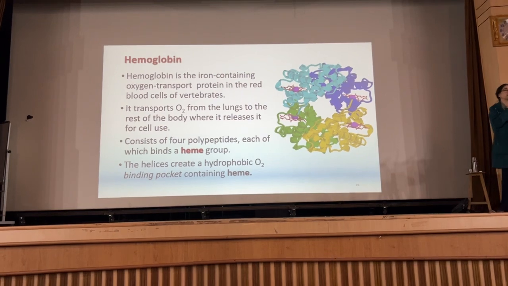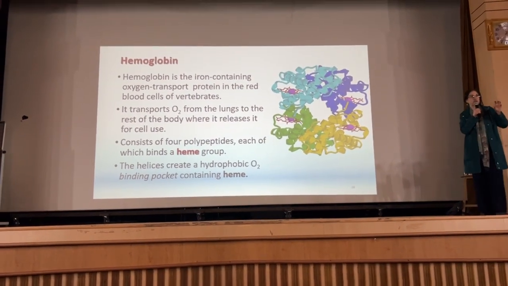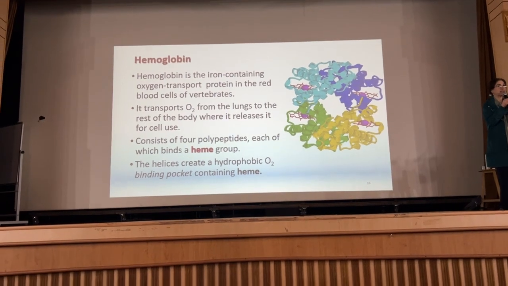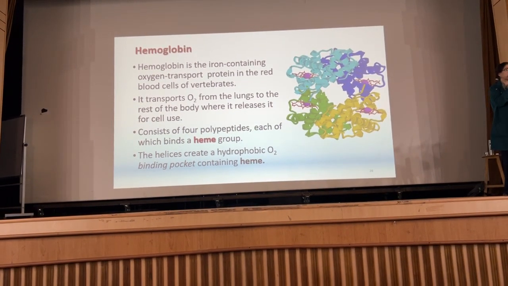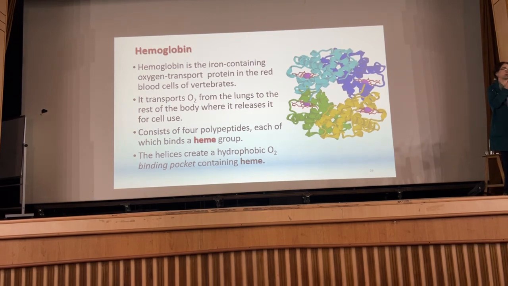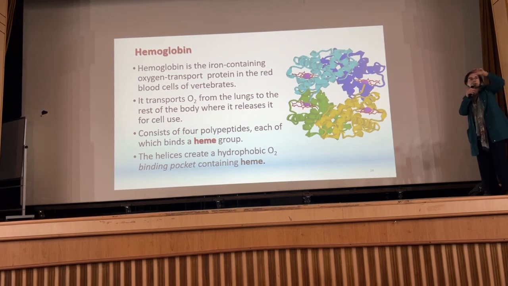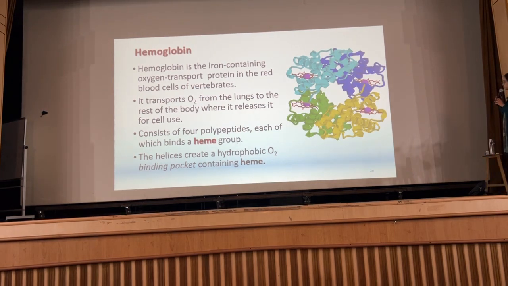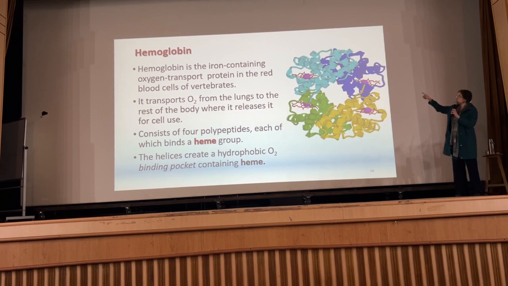So 4 polypeptide chains. Every 4 polypeptide chains made of hemoglobin, after they've been made, come together to make one mature hemoglobin molecule. Another 4 come together to make another, and so on. Each subunit contains a heme group.